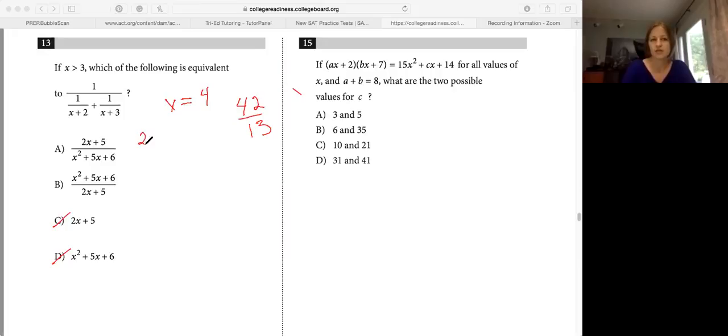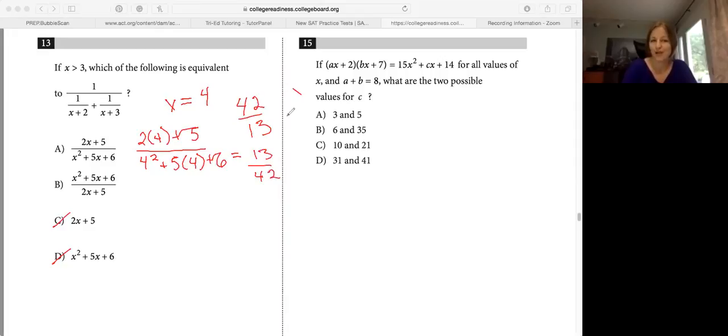So we would get 2 times 4 plus 5 over 4 squared plus 5 times 4 plus 6. That gives me 13 over 42.